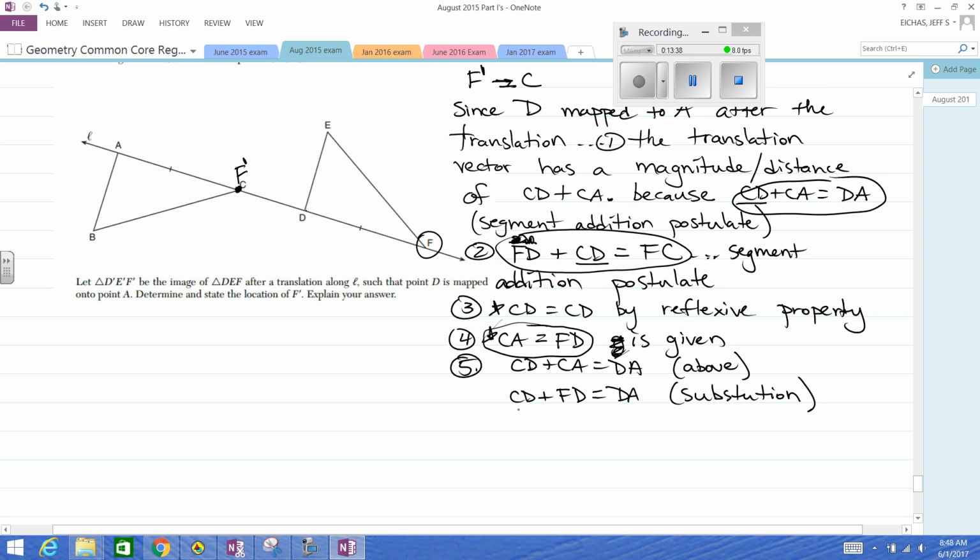Now, what's CD plus FD equal to? FC, from above, right? What's our conclusion? DA is equal to FC by substitution again.